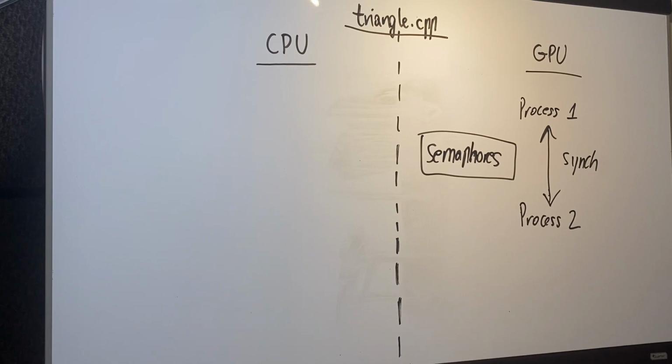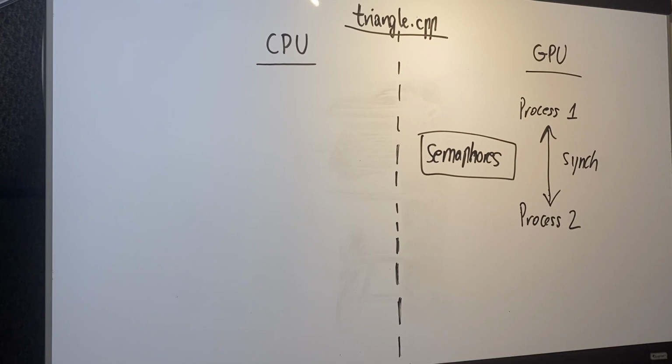Like I've said before, at the time of me investigating semaphores, there were certain things that were not available to the user readily in terms of what's going on. You basically tell the GPU, hey, these are two processes.